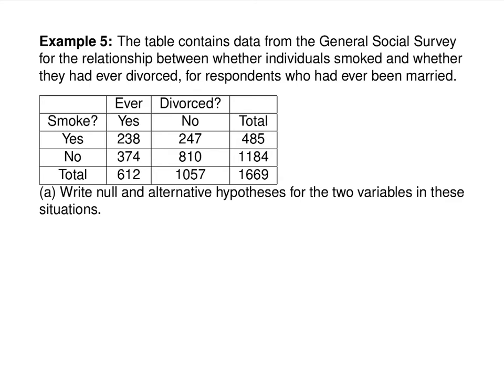Alright, so let's actually carry out a test from the start. This table contains data from the General Social Survey for the relationship between whether individuals smoked and whether they had ever divorced, for respondents who had ever been married. So write null and alternative hypotheses for the 2 variables. H naught is always that there is no difference, so there is no relationship between smoking and divorce rate.